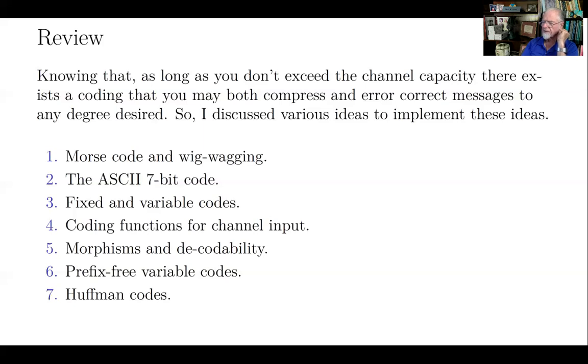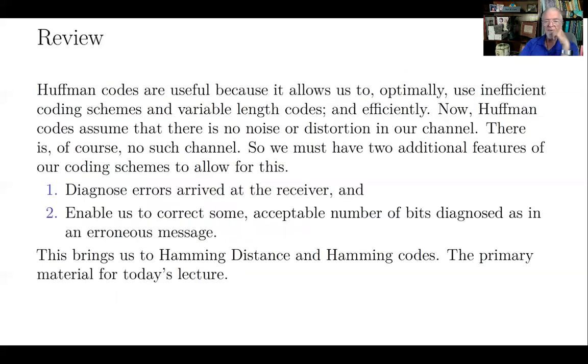He found the theorem for how to create a Huffman code that would be variable, reduce the number of bits, and make it instantaneously decodable, assuming no noise and no error. So they're useful because they allowed us to optimally use inefficient coding schemes and variable length codes efficiently.